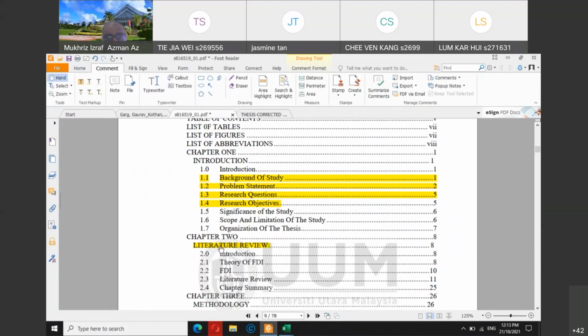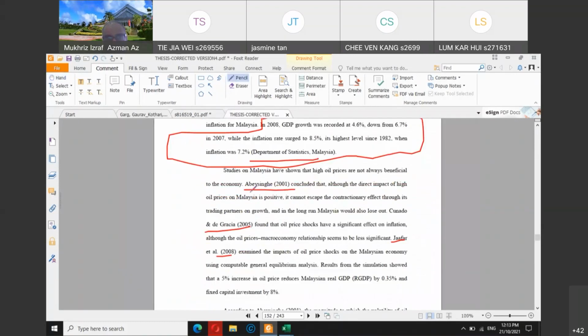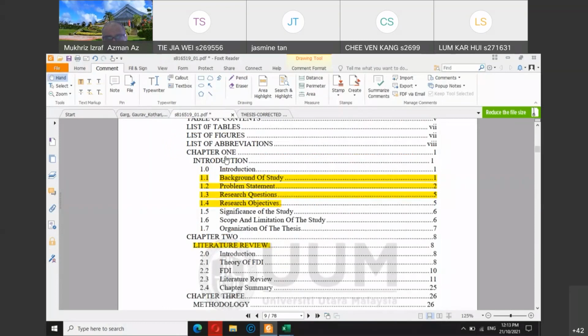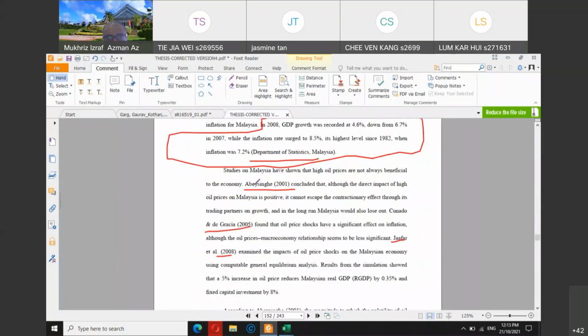So this is where you need to provide more discussion. Even though I cited Ebi Singhi, Cunado de Gracia, and Jaafar, each time I cited these three papers, it was only very briefly, very short, just one or two lines. But in the literature review section, if you are writing a typical standard thesis like this, you need to explain again what Ebi Singhi has done, but in more detail.